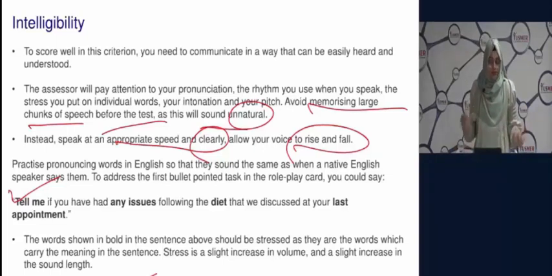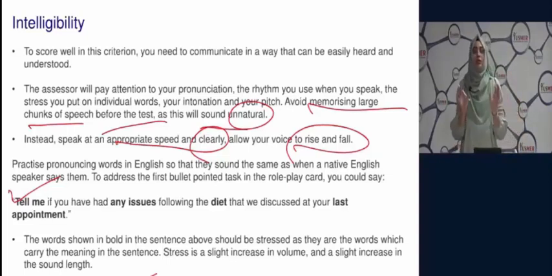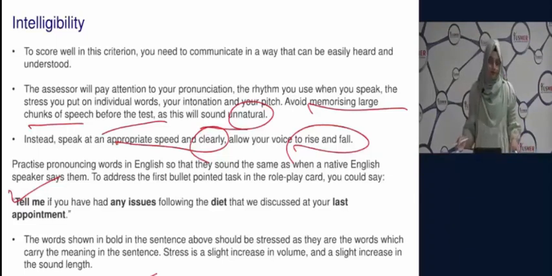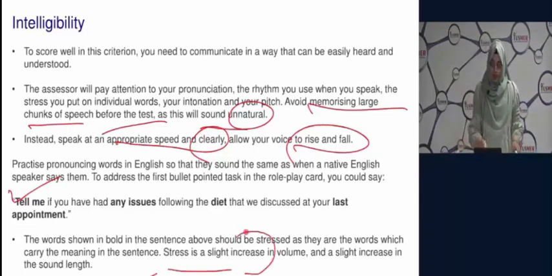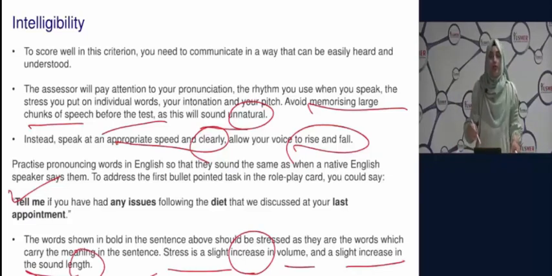Tell me if you have had any issues following the diet that we discussed at your last appointment. So put stress on the words with meaning. Stress is a slight increase in volume and a slight increase in the sound length. So, tell me if you have had any issues following the diet that we discussed at your last appointment.